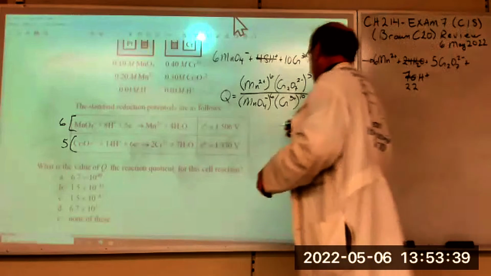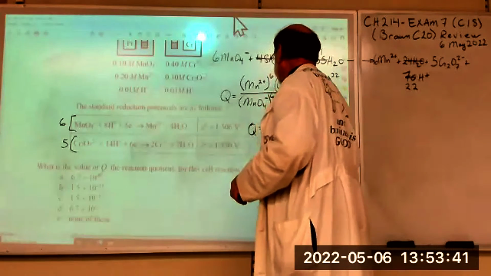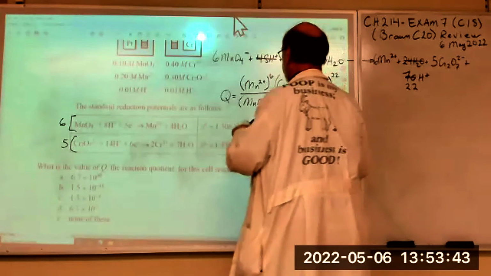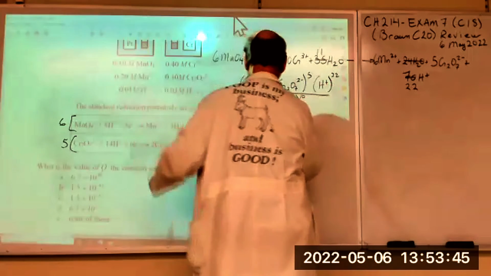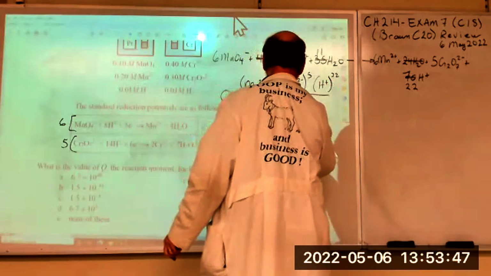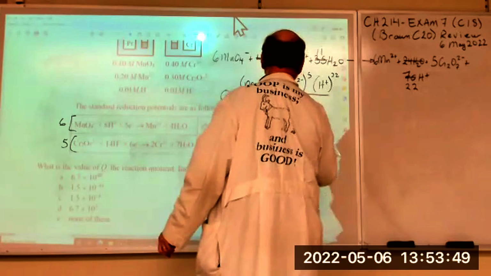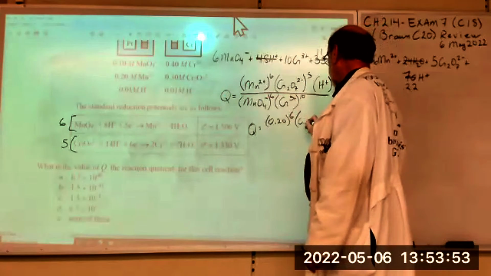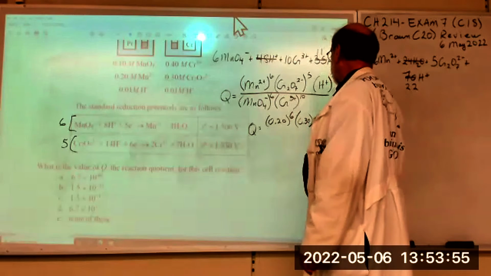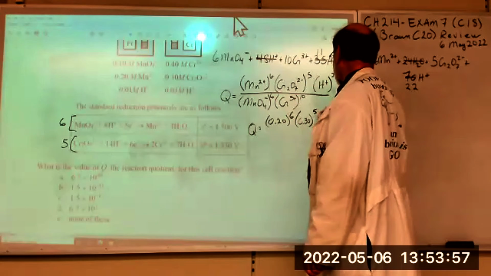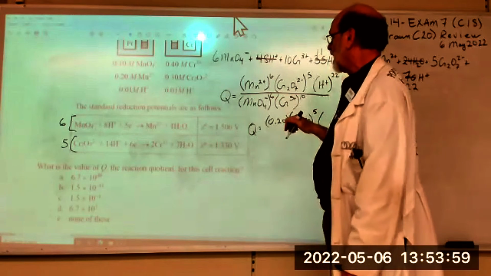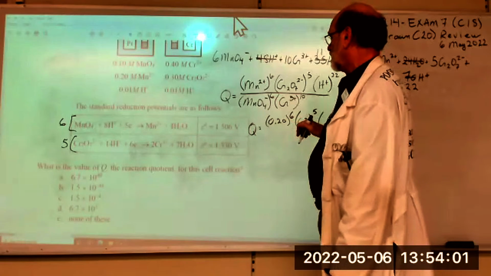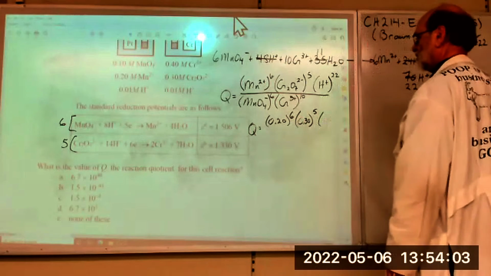Now we need to plug in values. So the Mn2+ is 0.2 to the 6th power. The dichromate is 0.3 to the 5th power. Hydrogen ions, wait a minute, throw them.